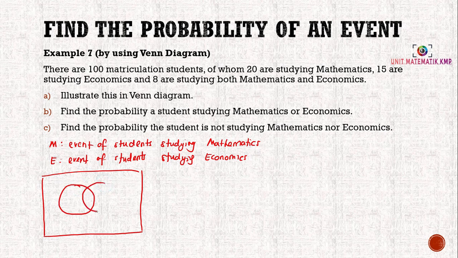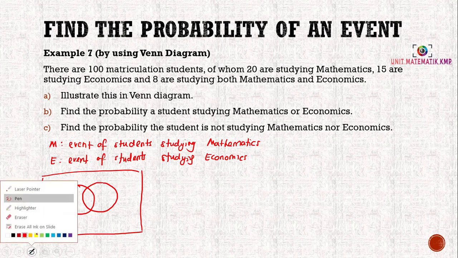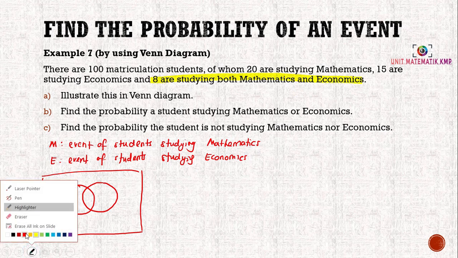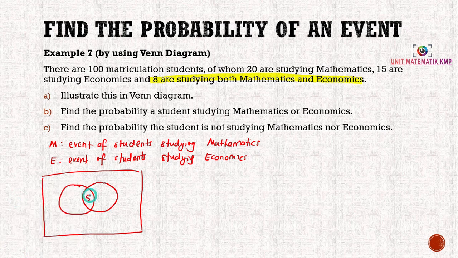There will be an intersection because it says that 8 are studying both mathematics and economics. Every time you get a question like this, when you want to make a Venn diagram, always label the intersection first. So 8 are studying both mathematics and economics, so we label the middle as 8. This is event M, this is E, and S is for the sample space.